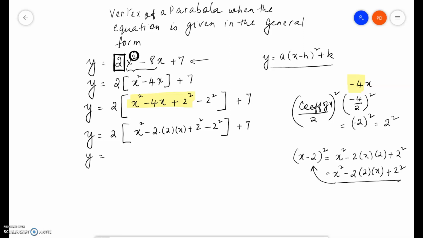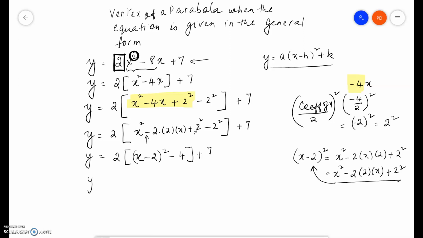So we have y, which is equal to 2 times (x, that's a minus, so we get a minus whatever number you see here. So that's a 2) the whole squared, minus 4, plus 7.